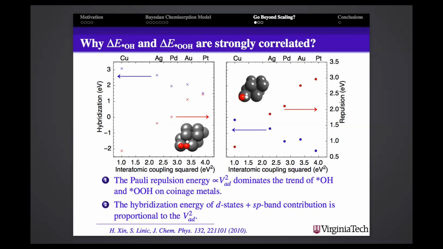They are roughly linearly correlated to the interatomic coupling matrix element, basically how much the adsorbate oxygen 2p states couple with the metal d state. The Pauli repulsion, shown in red points, is also linearly correlated to this parameter. We observe the same thing for OOH. So for both the repulsion energy and the hybridization energy, they are linearly correlated to this interatomic coupling matrix element. That's why they are strongly correlated in nature.